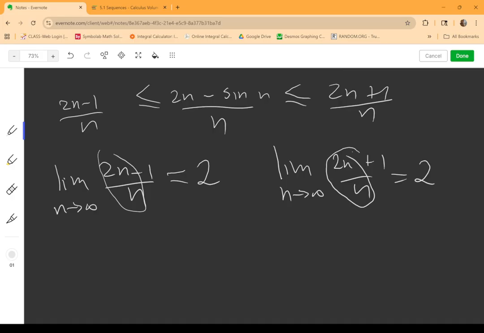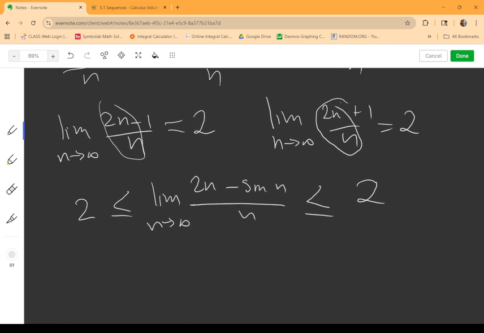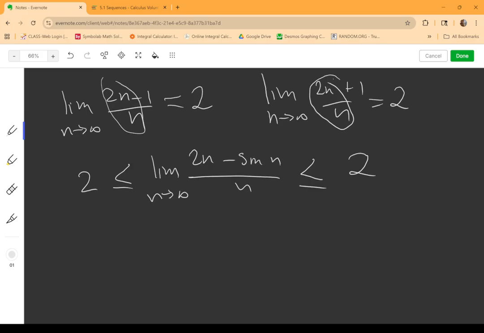So far, this is the setup here. We have established this so far, and we've evaluated the endpoints. When something is both less than or equal to 2 and bigger than or equal to 2, it must be 2.